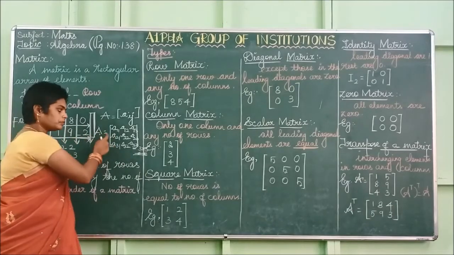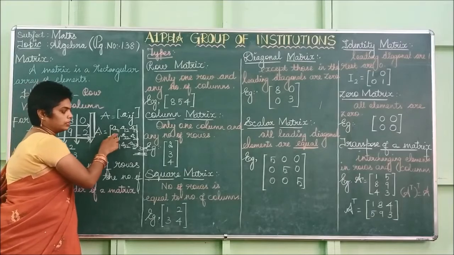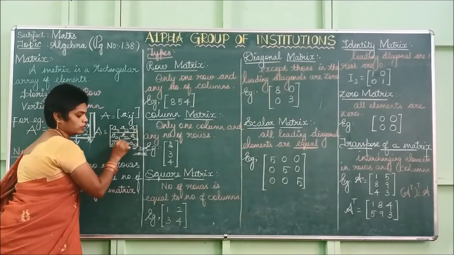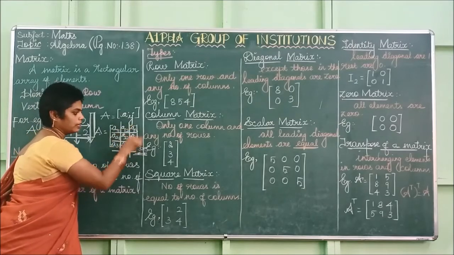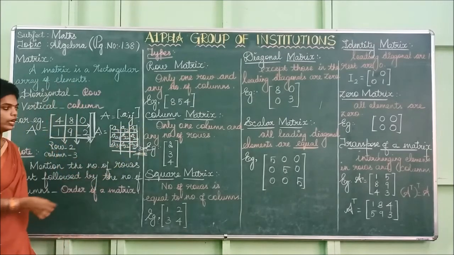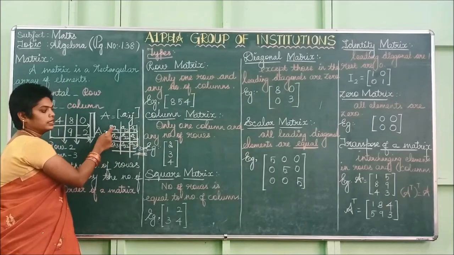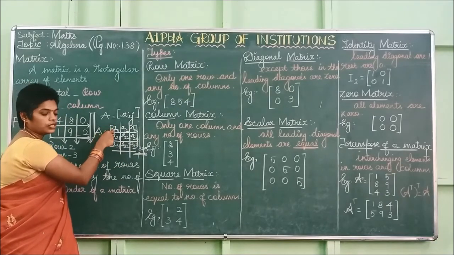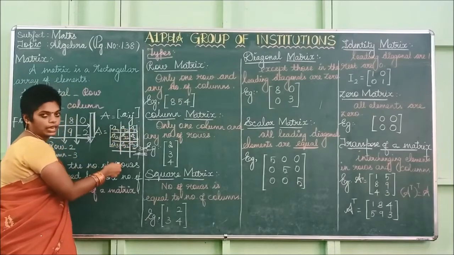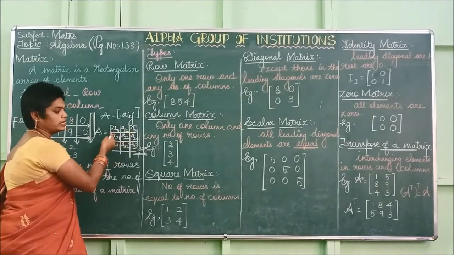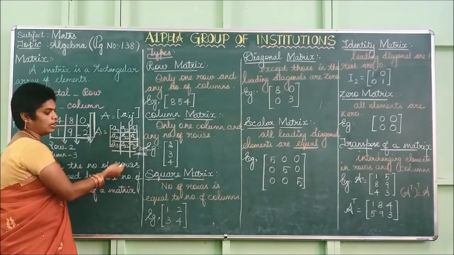It will be in the form of first row, second row and third row; first column, second column, third column. A11 means first row and first column. A12 means first row, second column. A13 means first row and third column.